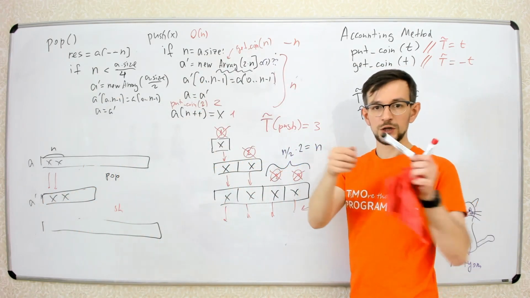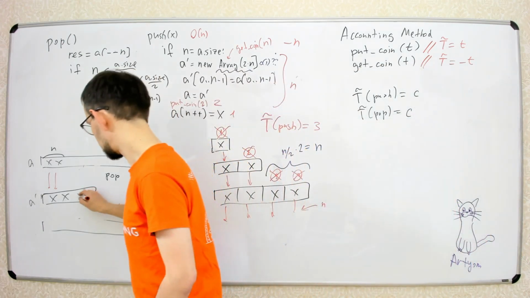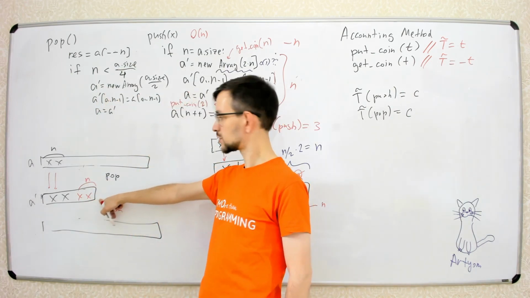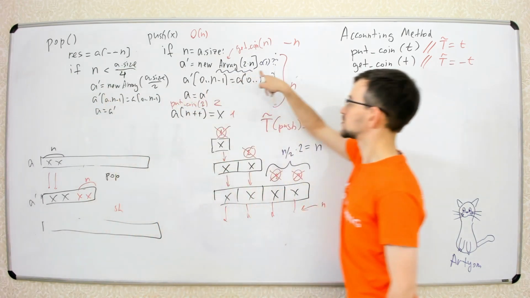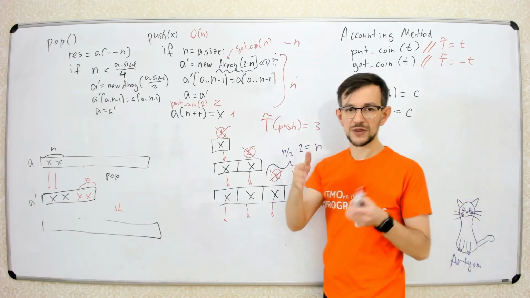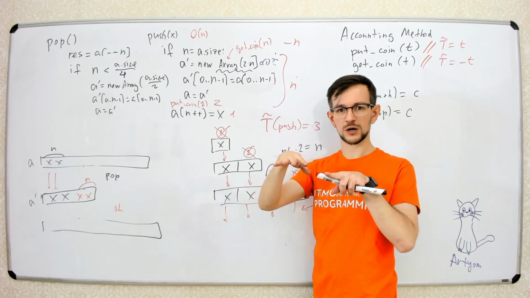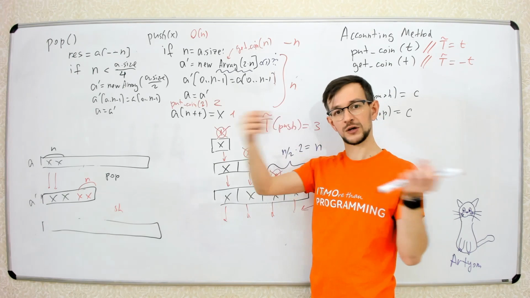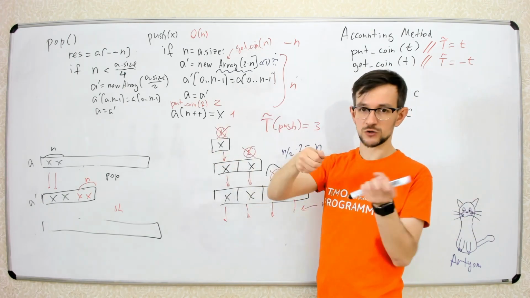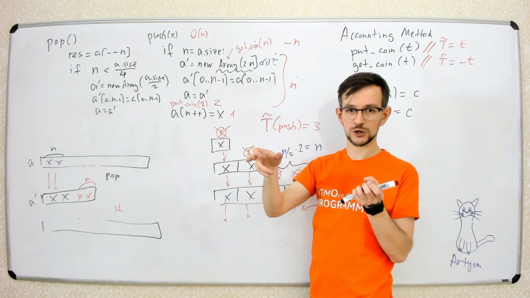So when you need to extend the array back again, you need to add these n elements here. So you need to add another n elements to get to this point when you need to increase the size of the array. So you have about n operations between any two consecutive changes of the size of the array. So if you decrease the size of the array, next time you need to increase the size of the array is after the next n operations.